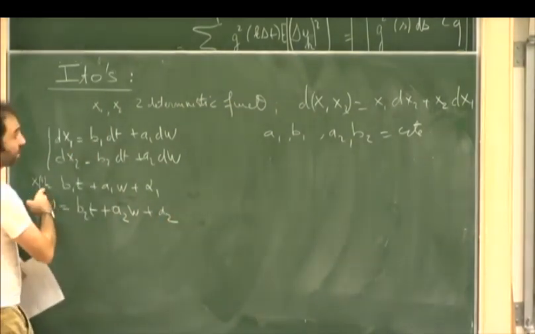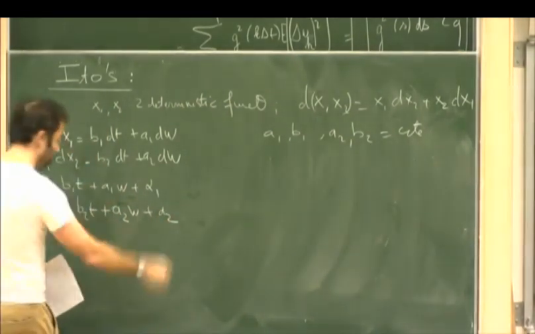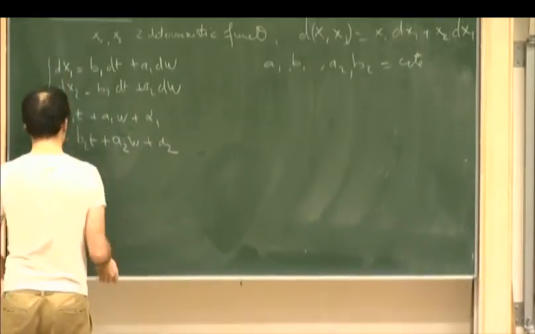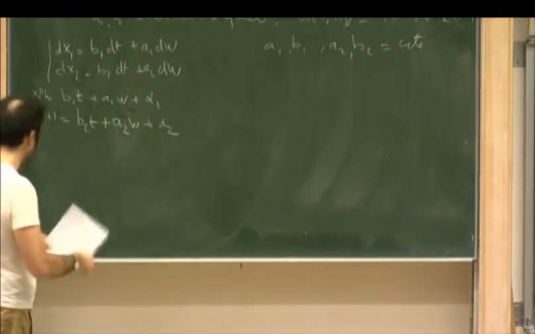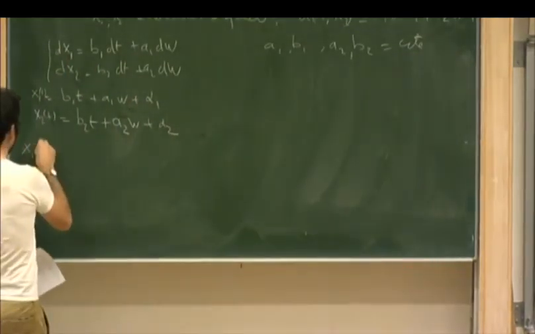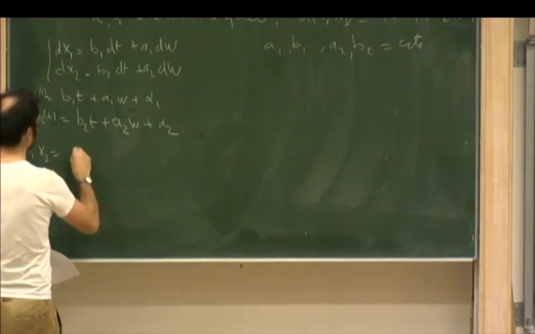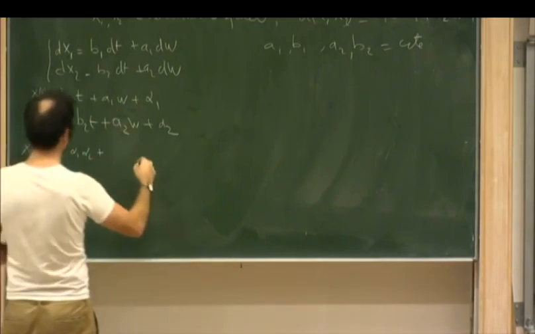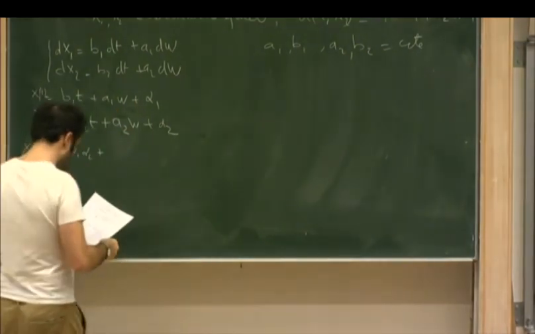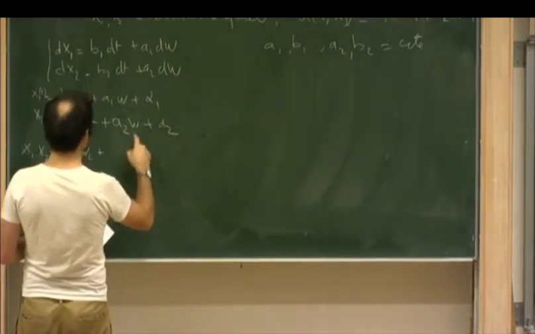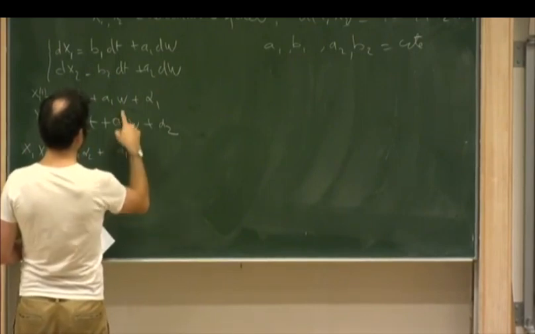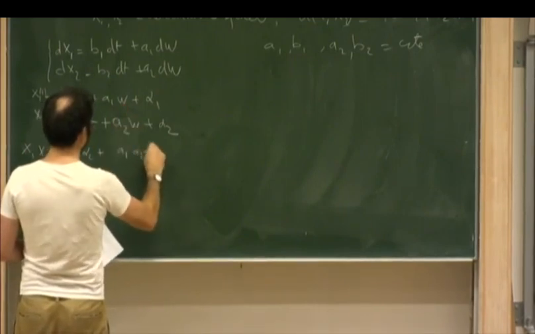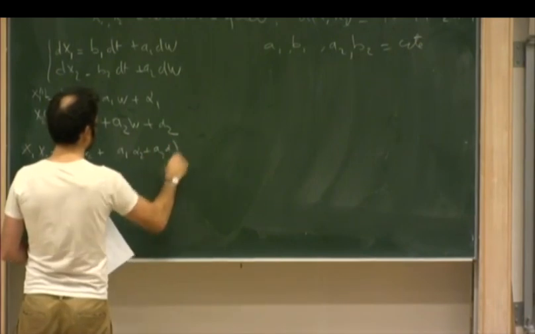Now I can calculate x1 x2, and differentiate. All right, so let's do this. x1 x2 is the product. So this is alpha 1 alpha 2. Now we have to calculate. The term in ω is a1 alpha 2 plus a2 alpha 1.